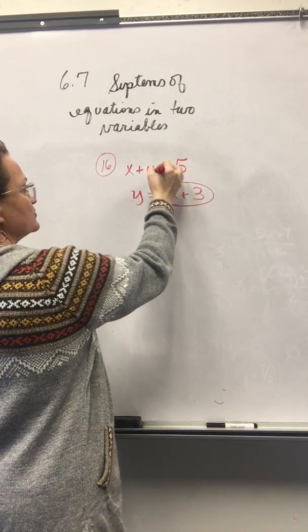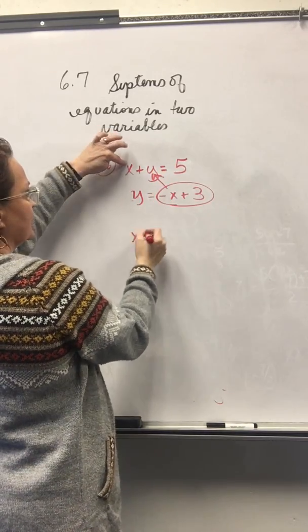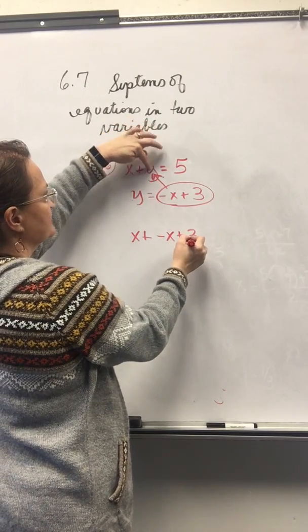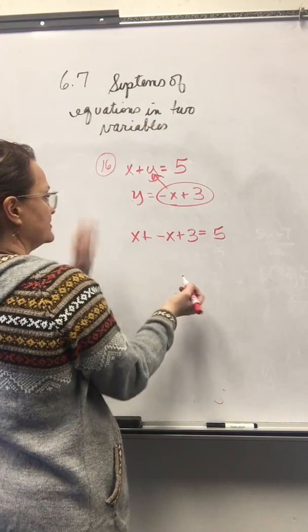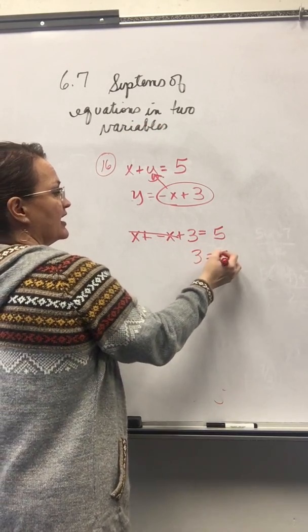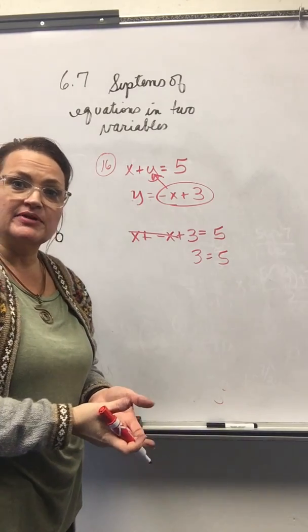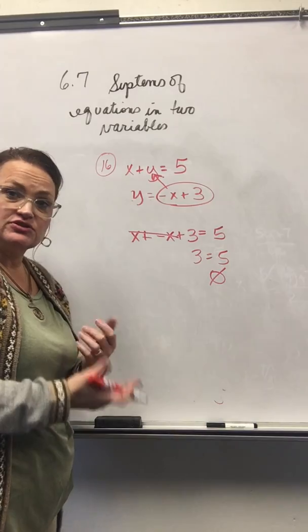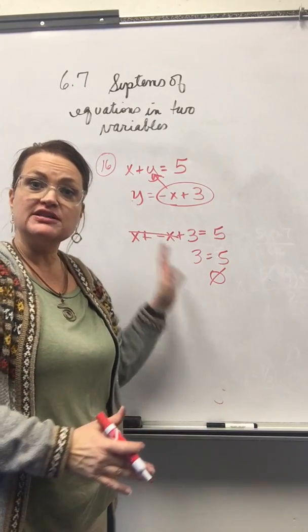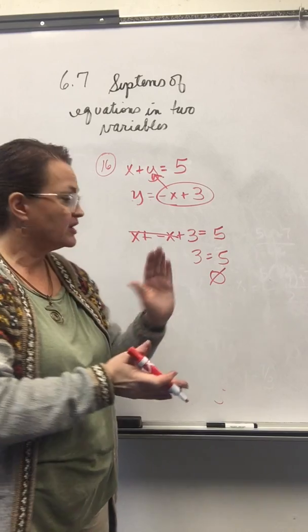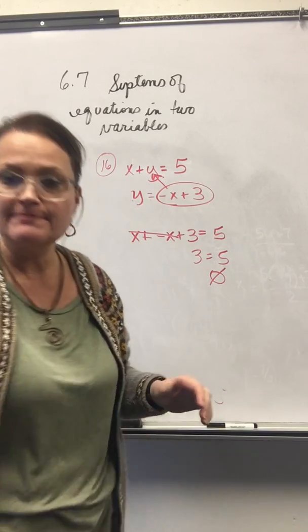We can plug that directly in for that y and write it as x plus, instead of y, negative x plus 3, substitute it in for that, equals 5. Negative x and positive x cancels out, and you just have a false statement. In algebra, anytime you solve an equation and get a false statement, that means there's no solution. So those lines evidently were parallel. If we graph those, they run parallel to each other, and that's why there's no solution to that.